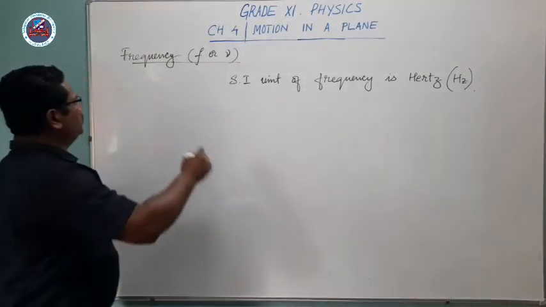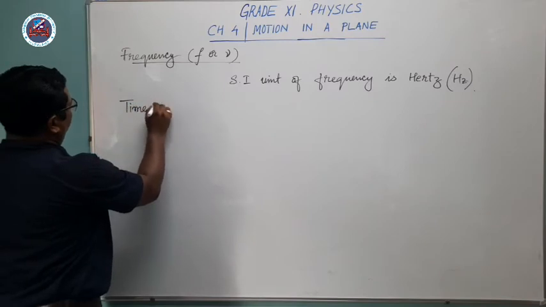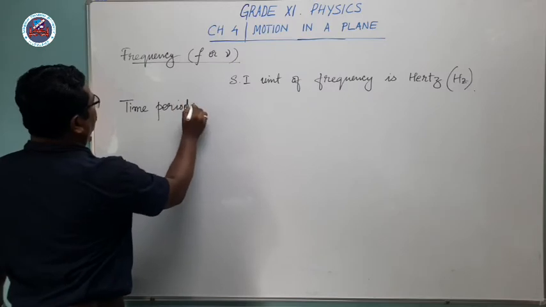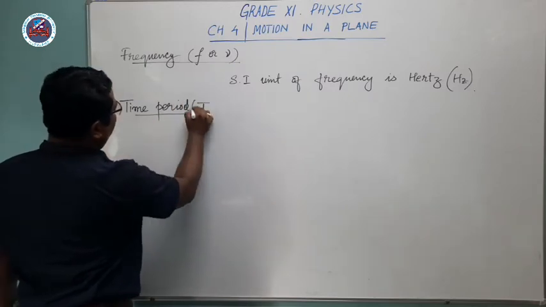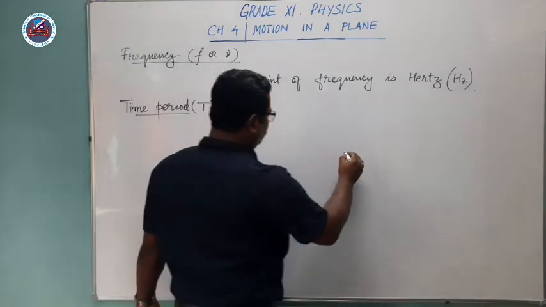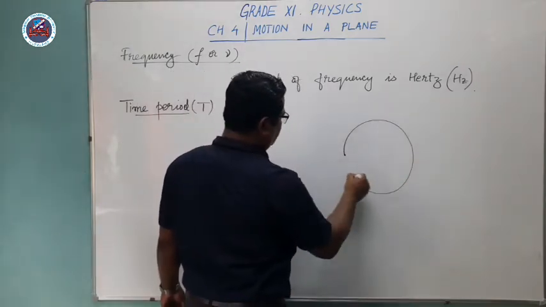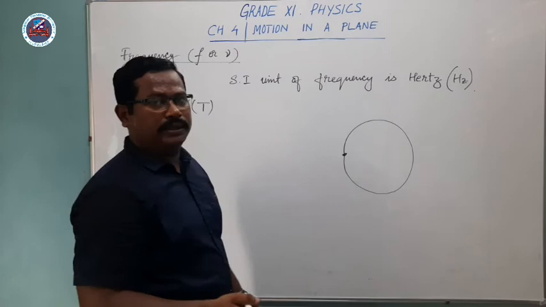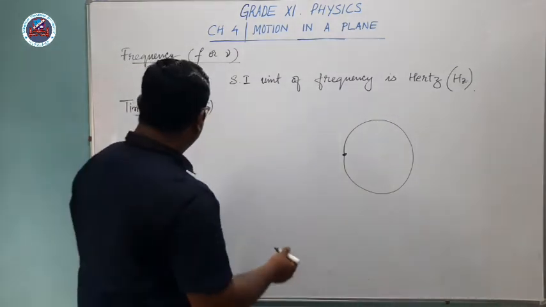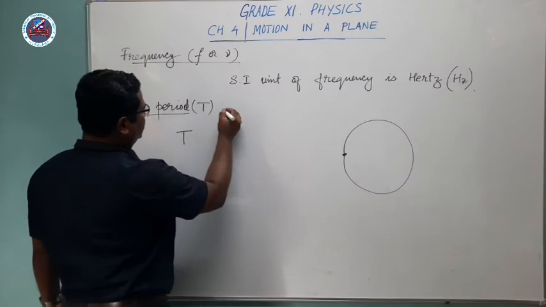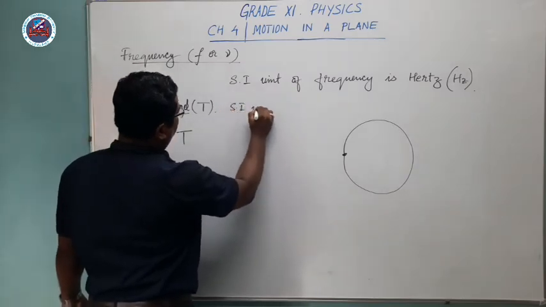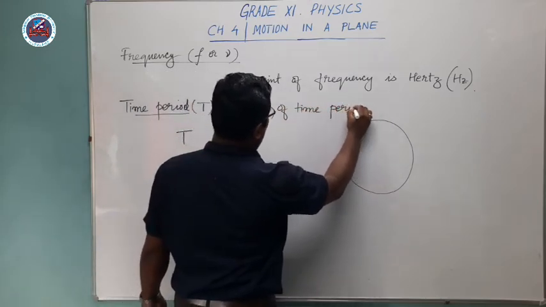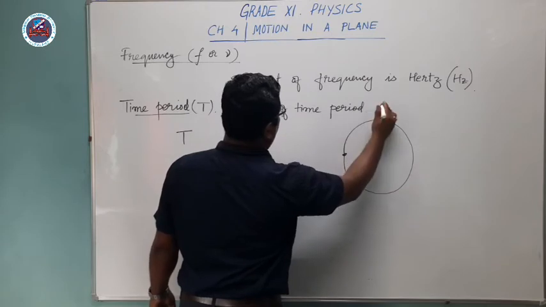The next thing that we have to know is about time period. We write it as capital T. The time taken by the object to go one round in a circular path, we call it as time period. How long it takes to complete one revolution, we call it as time period. Mathematically, the SI unit of time period is second.